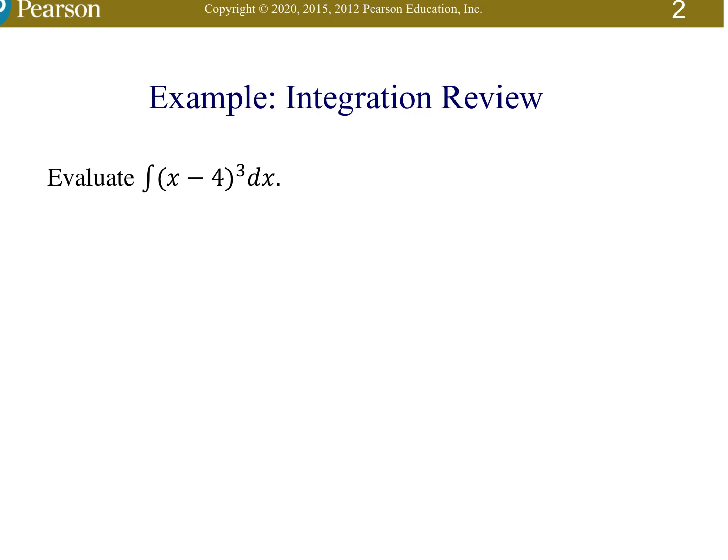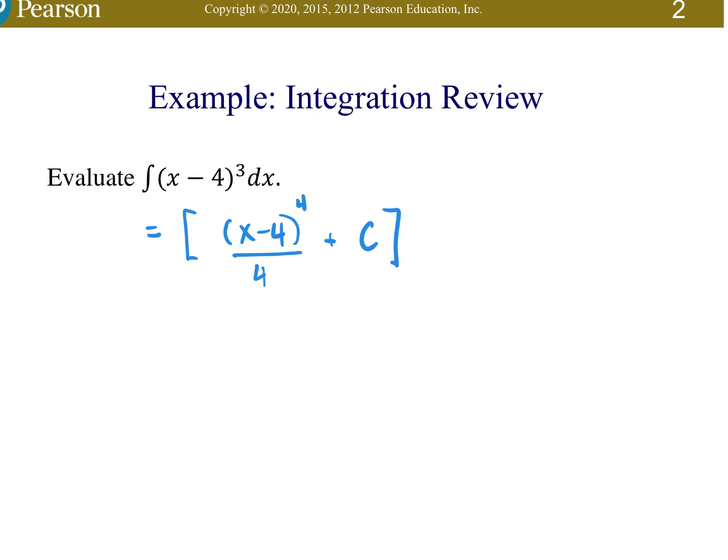Okay, add 1 to the 3 and then divide it by the new power. So you have an old rule that you could use to do that. So you'd put brackets and you'd say I'd take x minus 4 and I'm going to reverse it and add the 4, and then I'm going to divide by 4, so I'll have 4s all over the place, and then I'll remember the plus c, and I don't have any bounds on that to do.